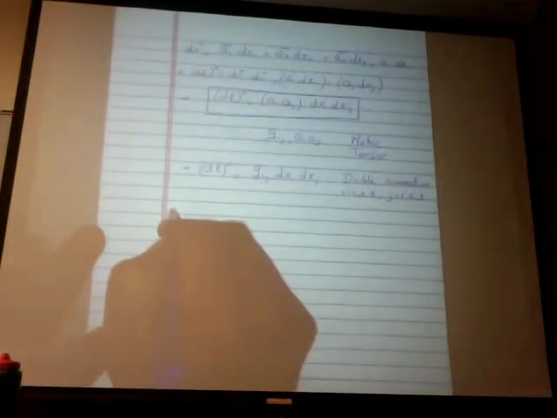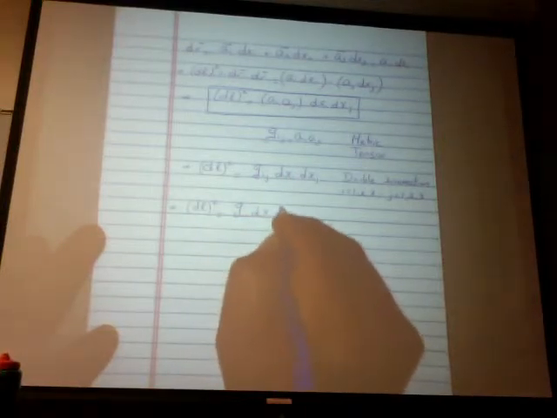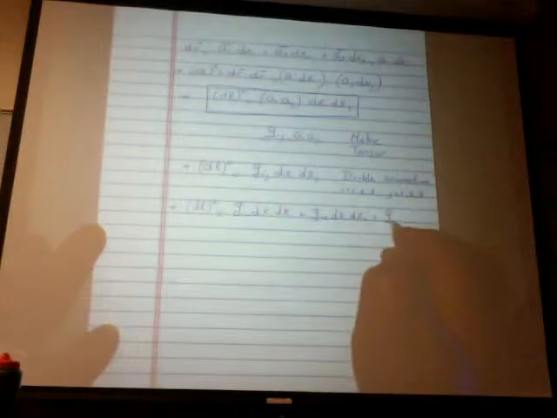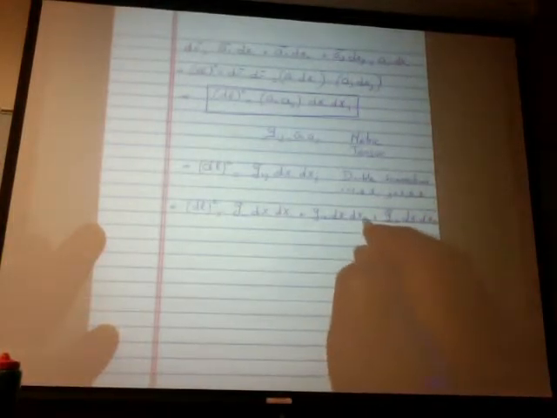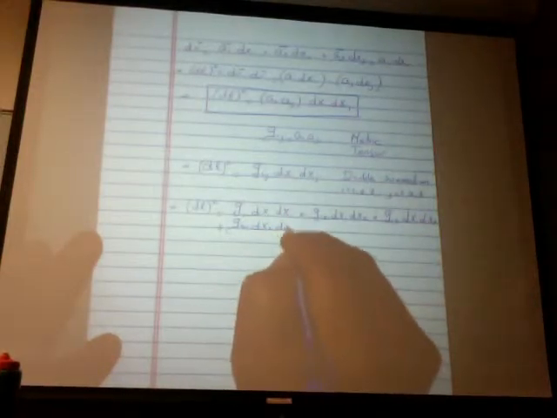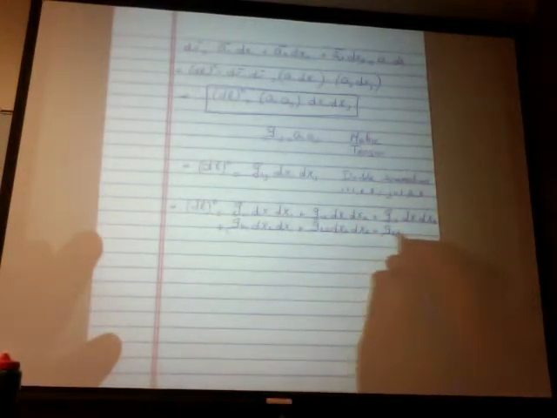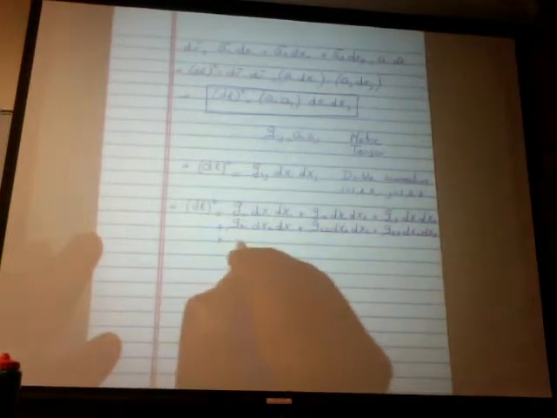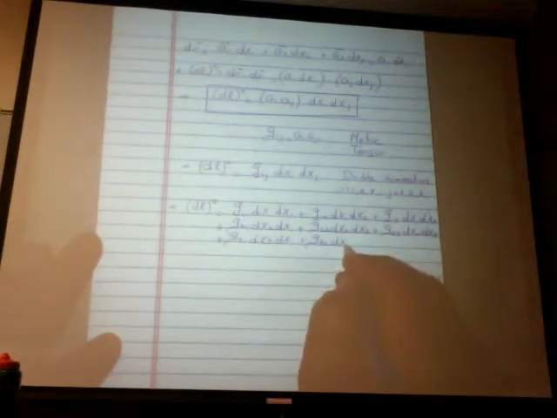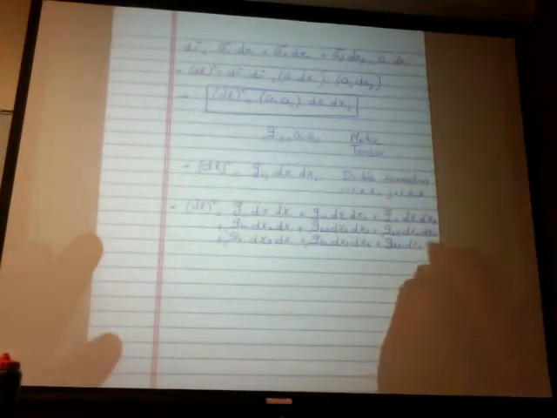Or you can expand it out and say dl squared is equal to G11 times dx1 dx1 plus G12 times dx1 dx2 plus G13 times dx1 dx3 plus G21 dx2 dx1 plus G22 dx2 dx2 plus G23 dx2 dx3 plus G31 dx3 dx1 plus G32 dx3 dx2 plus G33 dx3 dx3.